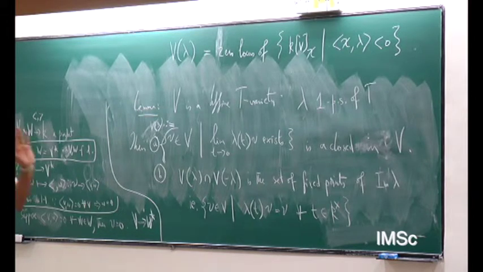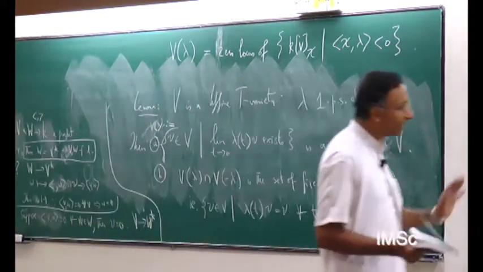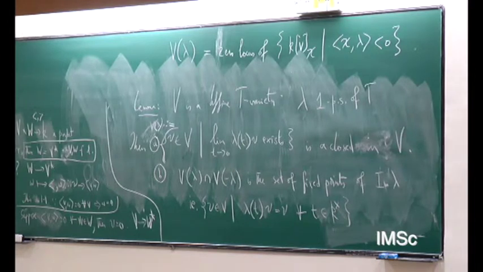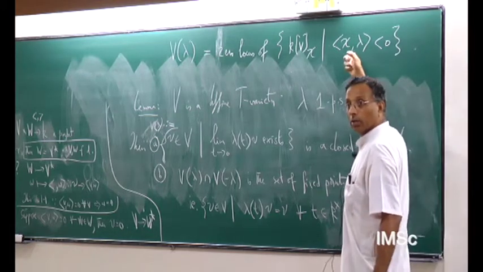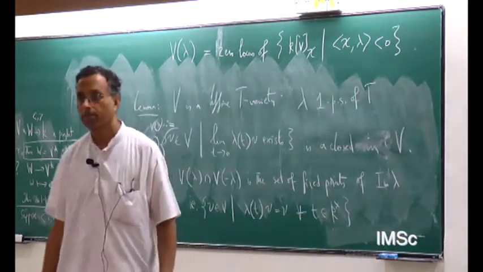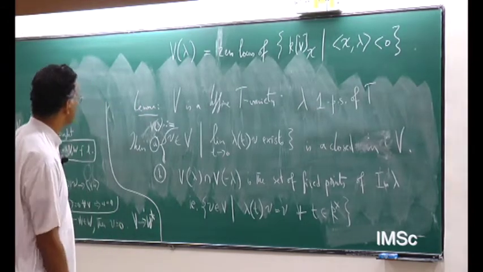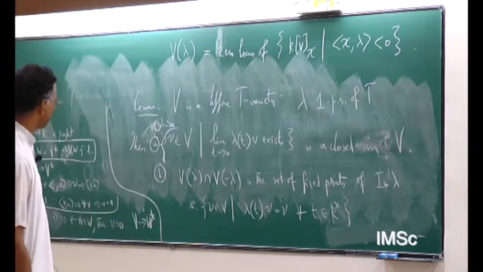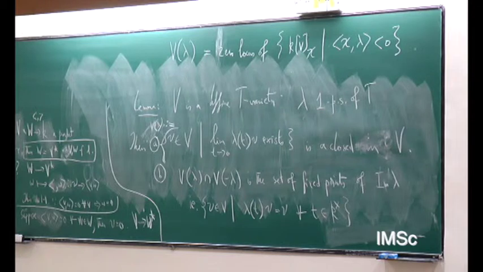In other words, we have to show that the limit exists if and only if V satisfies all those functions. It's the zero locus of those functions. And the second part should be rather easy.